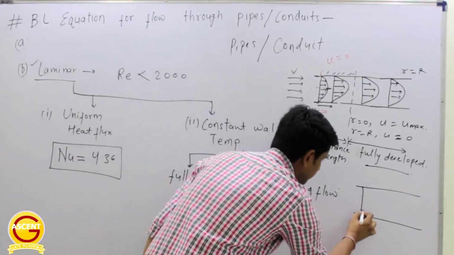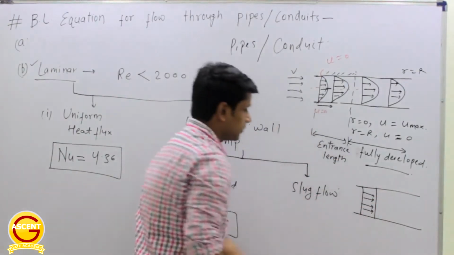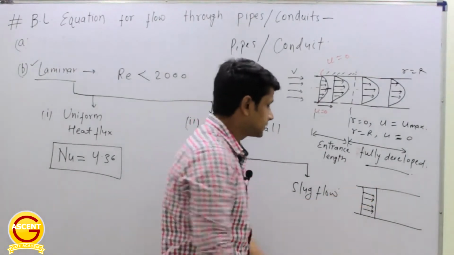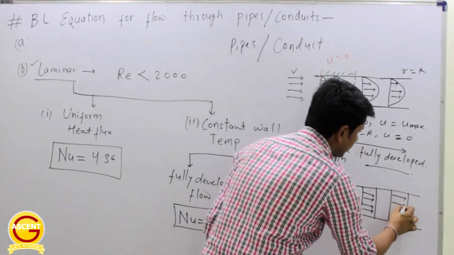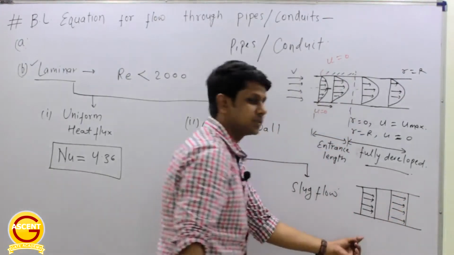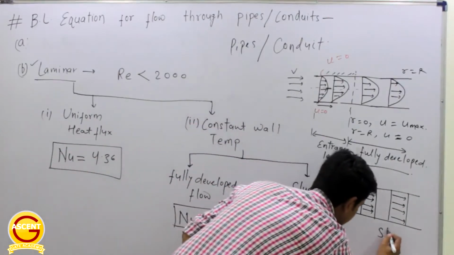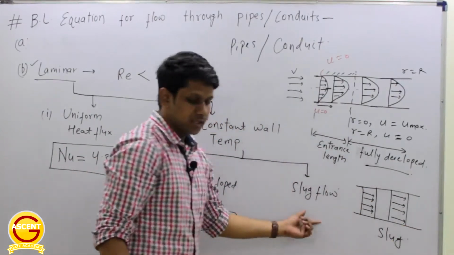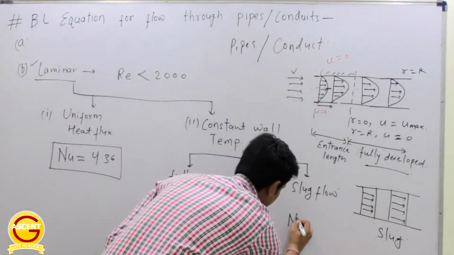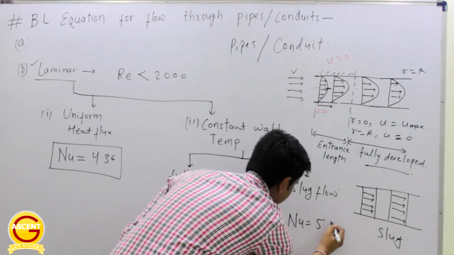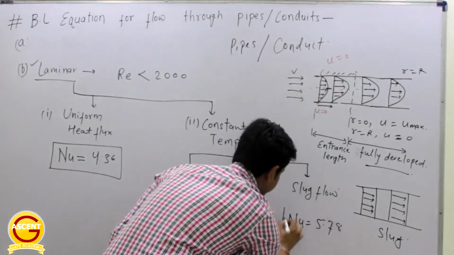So if we take this kind of velocity profile where the velocity is not changing with respect to radius, and also not changing with respect to x, so it is a constant velocity profile with respect to radius as well as the length of the pipe, this kind of flow is known as slug flow, and for slug flow the value of Nusselt number is 5.78.